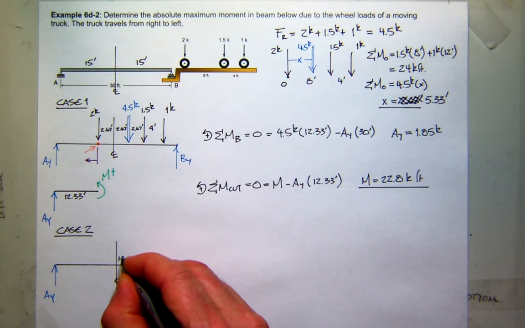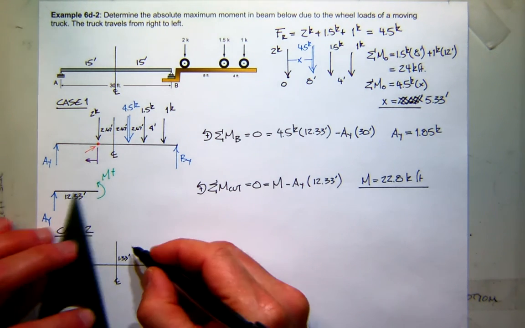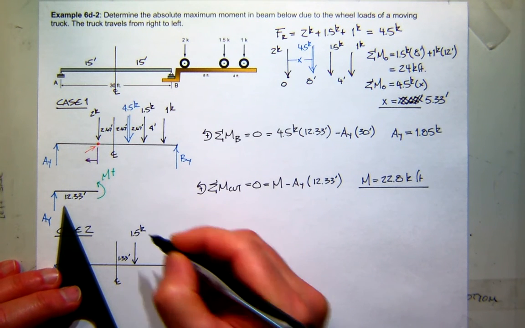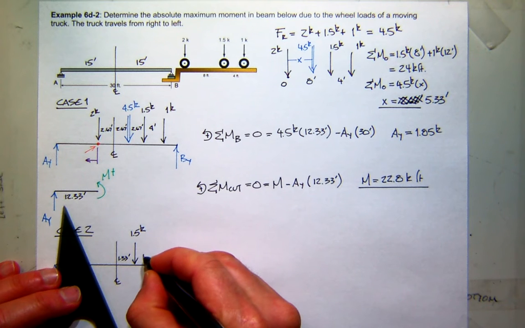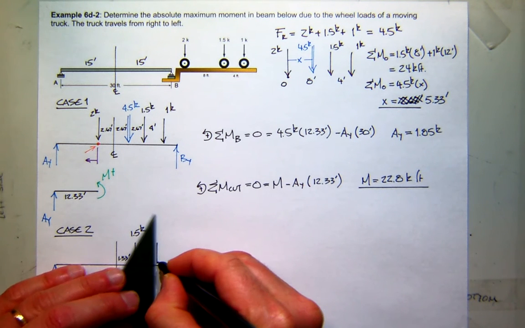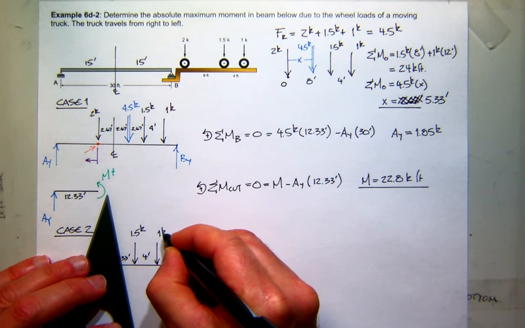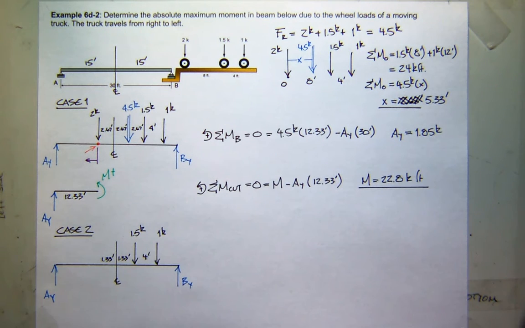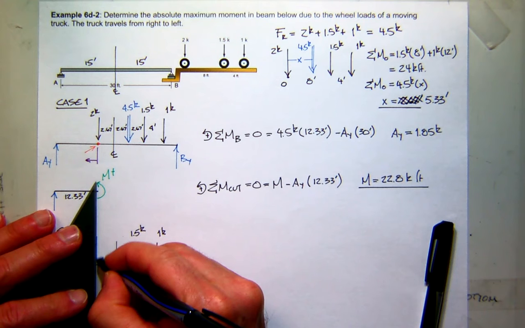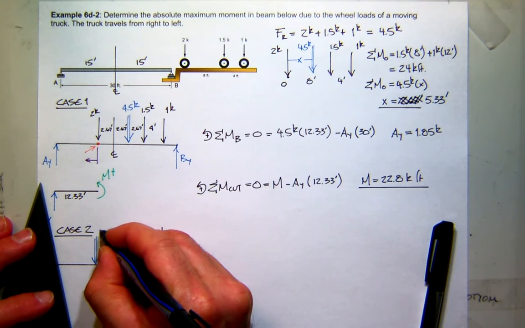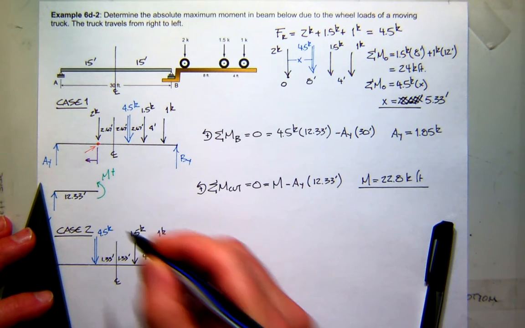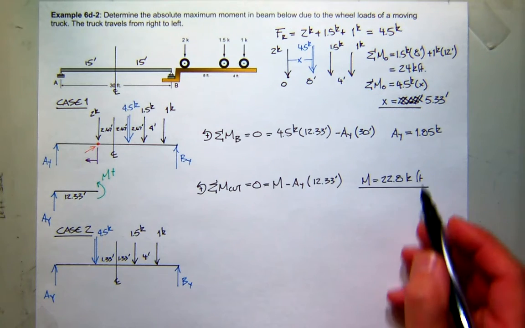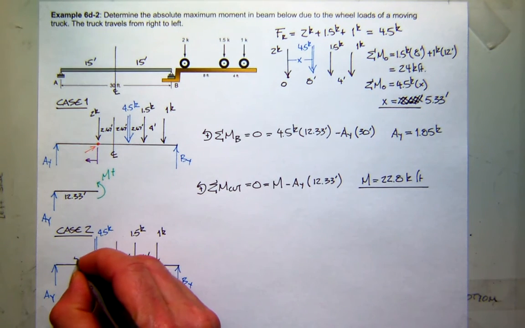So 1.33 feet to the right would be my 1.5 kip force. And then 4 feet back from that would be my 1 kip force. To the left at 1.33 feet would be the resultant force. And then we know the distance from the resultant force to the front force is 5.33, right?